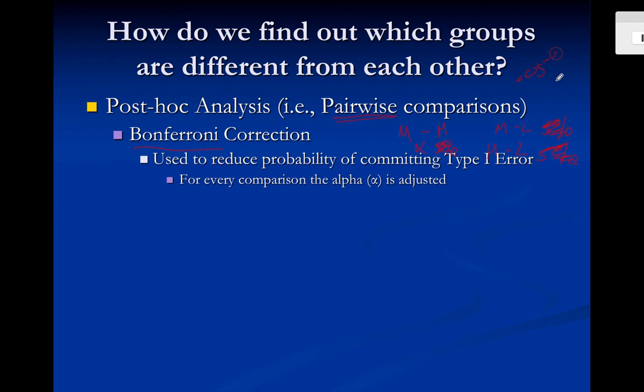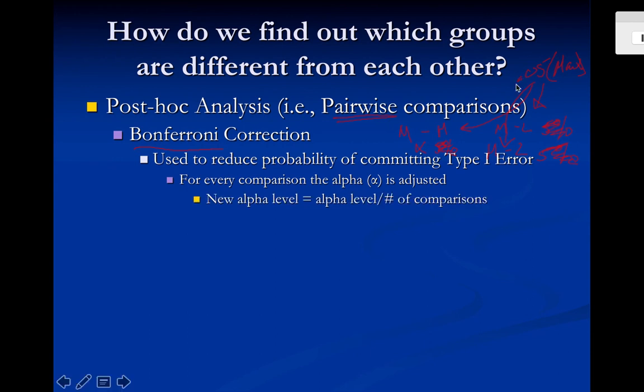I have to think in the back of my mind that this is the max that I can have. If I'm going to have these 3 separate tests that come about from using my comparisons, I cannot exceed 0.05 when I add all three of them up. That's why I need to make this adjustment to the alpha level.